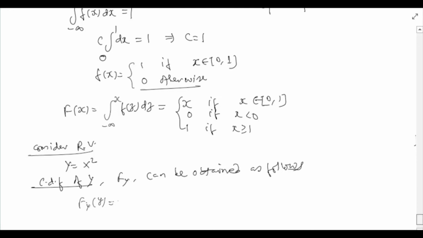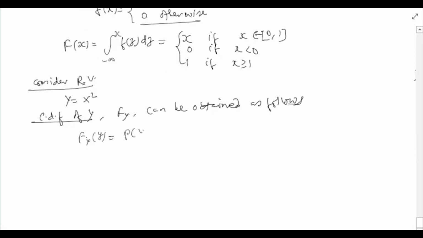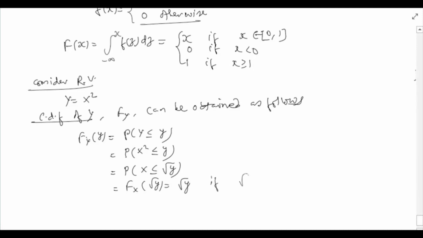F_Y(y), which is the probability that Y will be less than or equal to small y. Since capital Y is X square, this is the probability that X square is less than or equal to small y, which is the same as saying that X is less than or equal to root y, which is F_X(root y), which in turn is equal to root y from the graph above, if root y is in 0, 1, or equivalently if y is in 0, 1.